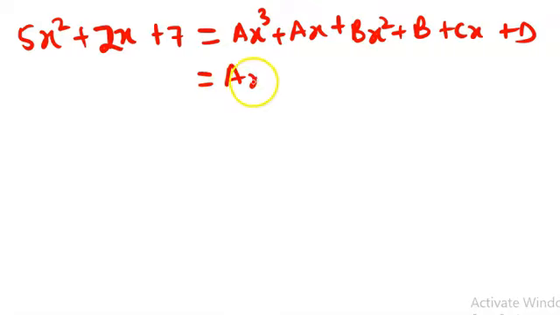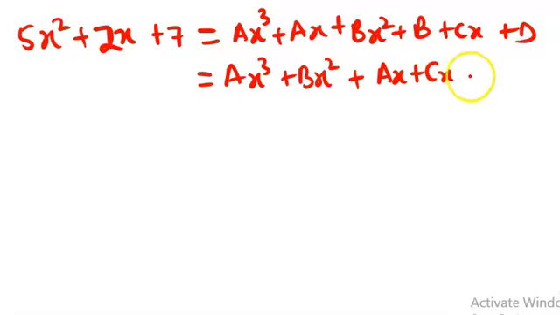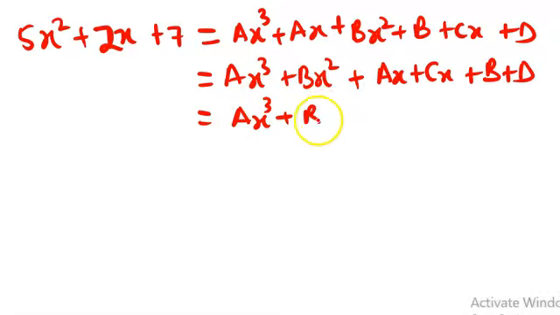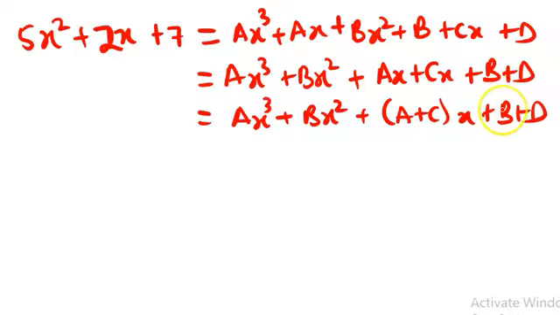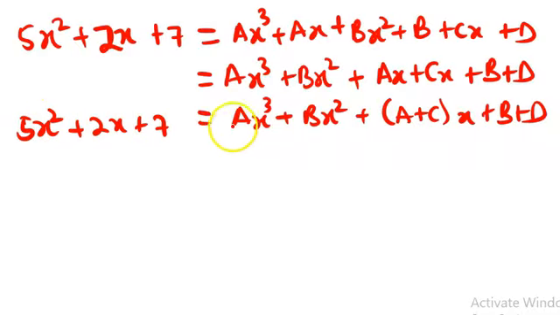We have ax cubed plus bx squared plus ax plus cx plus b plus d. So finally we have ax cubed plus bx squared plus (a plus c)x plus (b plus d). When we compare it with 5x squared plus 2x plus 7, there is no x cubed term on the left hand side, so we know that a is equal to 0.